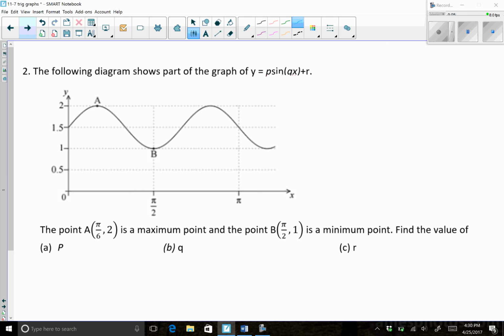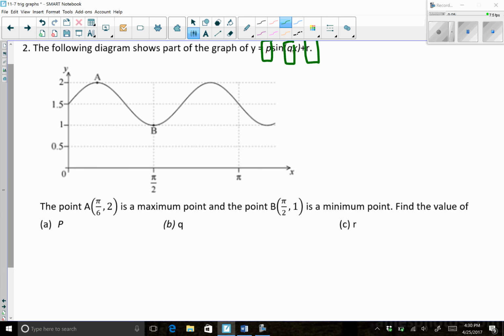So in number 2, the following diagram shows part of the graph of y equals p sine of qx plus r. Again, I'm looking at this function and I see I have an unknown value for p. It's telling me about amplitude, something unknown about my frequency, and something unknown about my vertical shift. So obviously they're going to be asking us in the next couple of parts what those actual values would be.